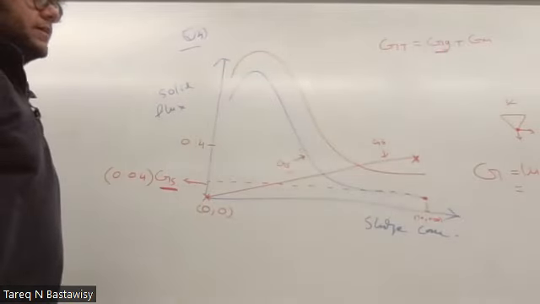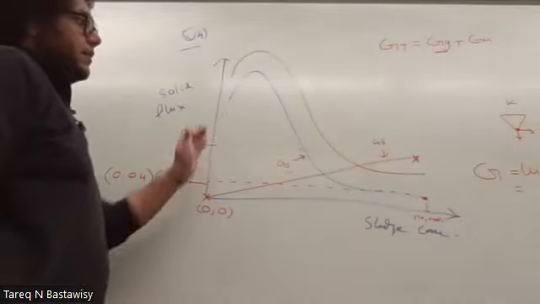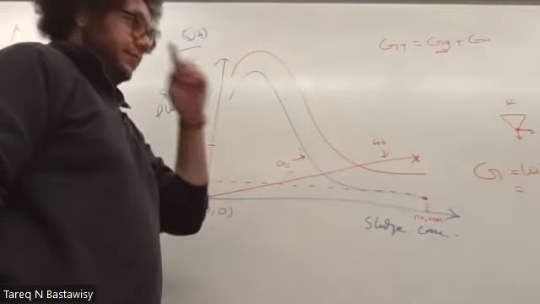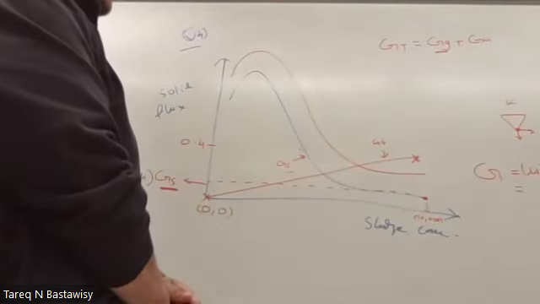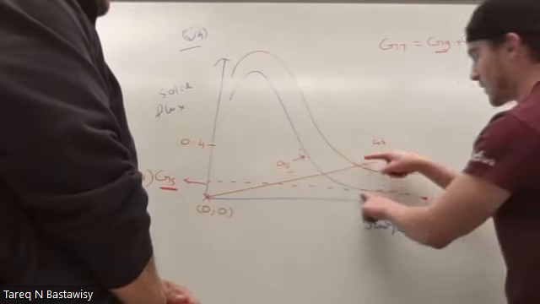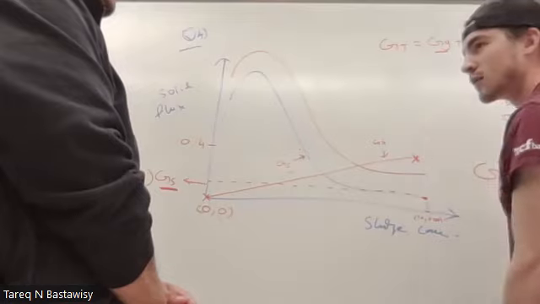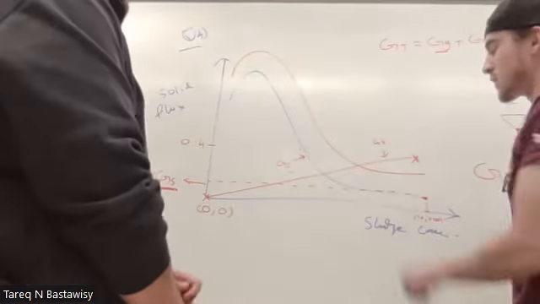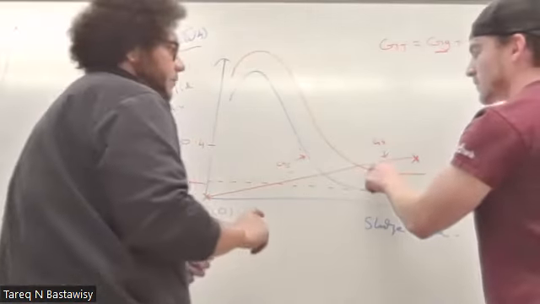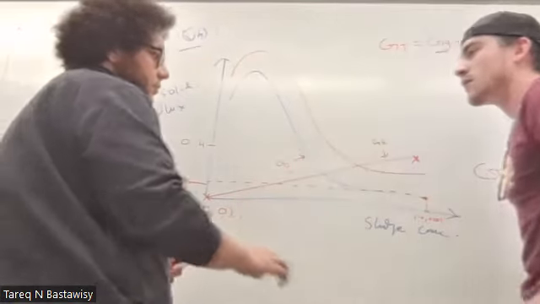Makes sense? If you're adding this to this, it's going to be a bigger number, so why not go up? Because in class, he was telling us that the minimum of this line is going to be where the GL is. You're right, actually.